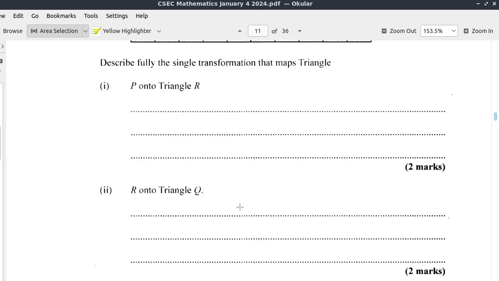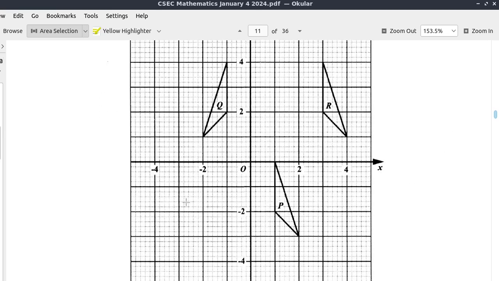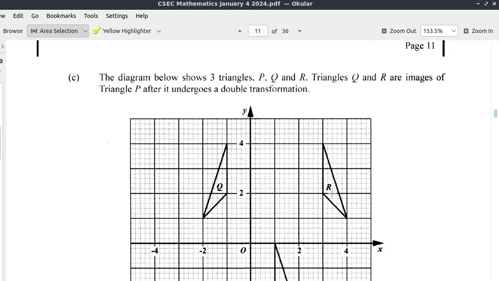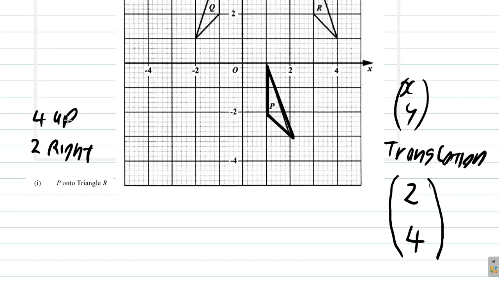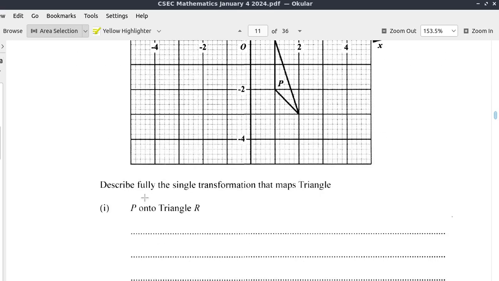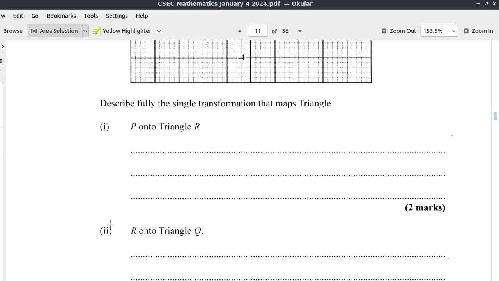After that, they say R to Q. How does R go to Q? Interesting. Let me make a copy of it and put it over here.